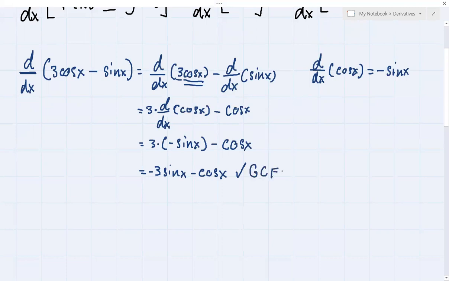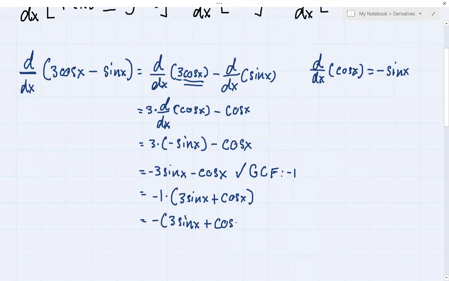So therefore, we can just factor out negative 1 in this expression. We will have negative 1 times the quantity 3 sine x plus cosine x.